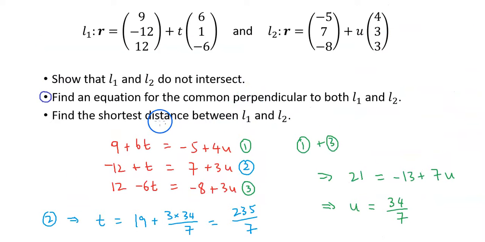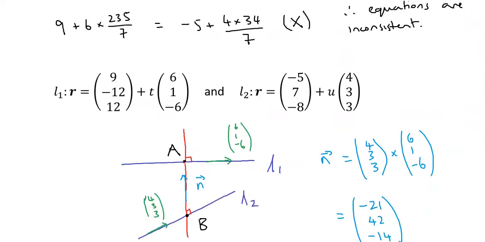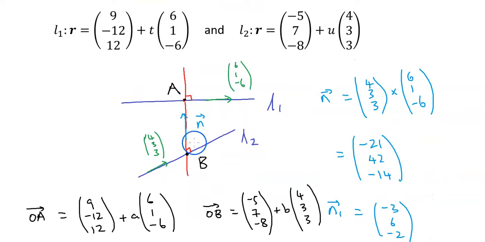And lastly, it says find the shortest distance between L1 and L2. That's just the length of AB.